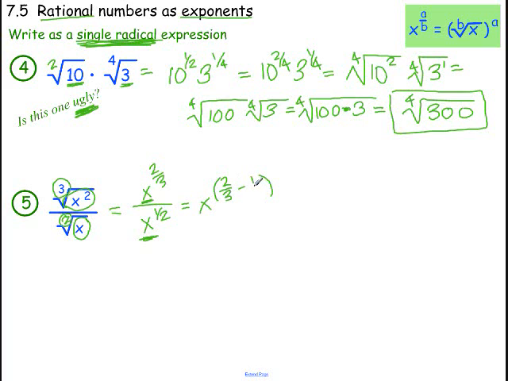Let's do it. Well, not quite that simple, is it? We don't have the same denominator. Remember, anytime we've got two fractions we're trying to subtract one from the other, in addition and subtraction, you must have the same denominator. What do we need? How about 6?